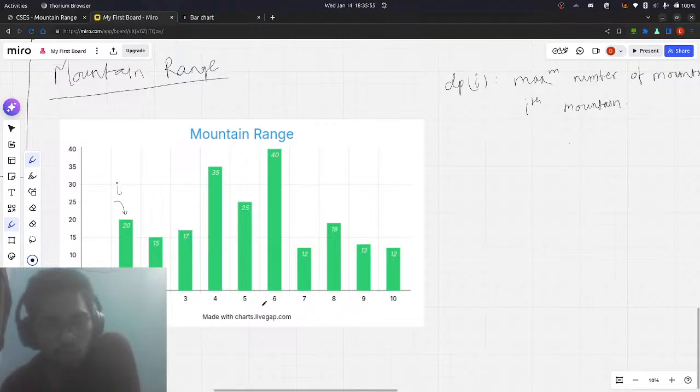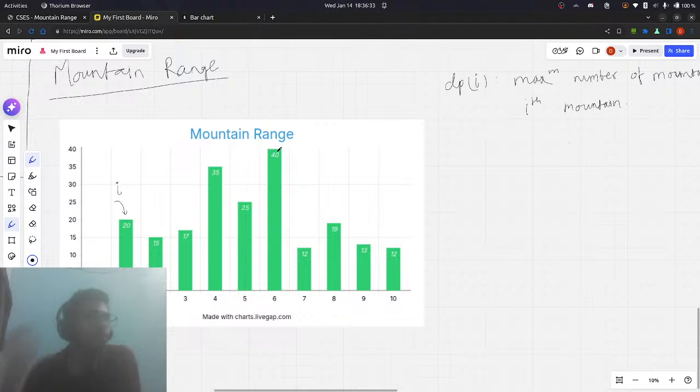Basically, we'll run a loop from the 0 to i minus 1th position and i plus 1 to the last nth position, and we'll find the greatest height mountain. For this mountain we will add that value. If it is 1 currently, because for a single mountain the answer will always be 1. Why? Because if there is no mountain in left and right, then the only mountain visited is 1 only, so the base case for one mountain will be 1 only.